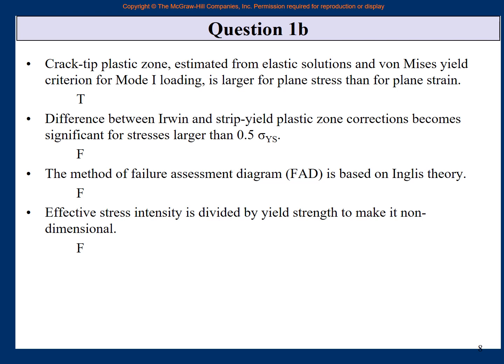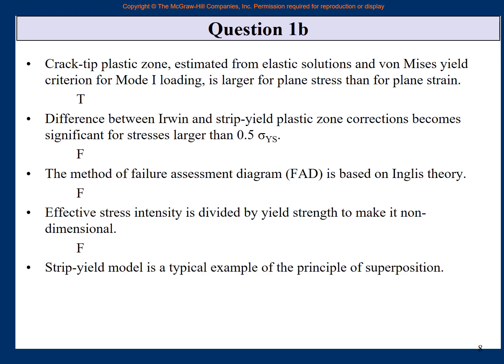Similar quantity should be divided by similar units, right? A strip yield model is a typical example of the principle of superposition. Yes or no? Yes, right, that is why they divide into small strips and then add up the whole solution.